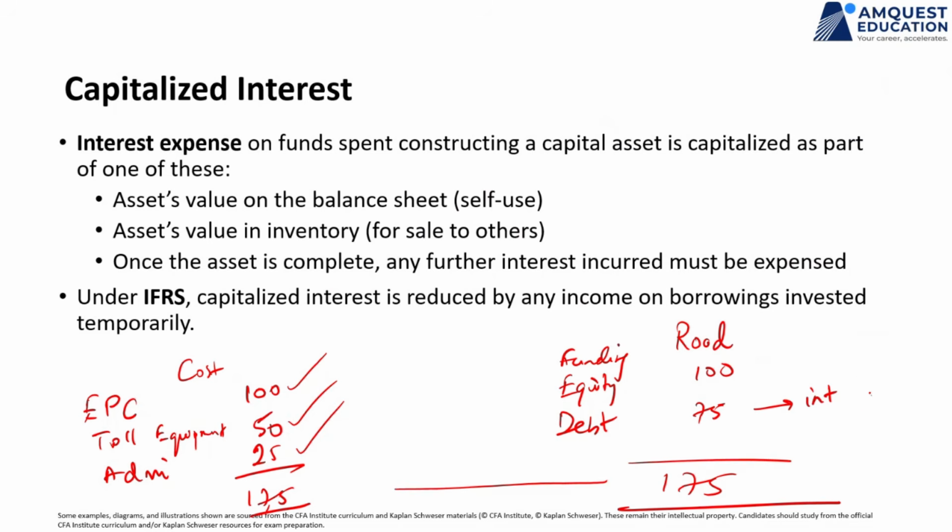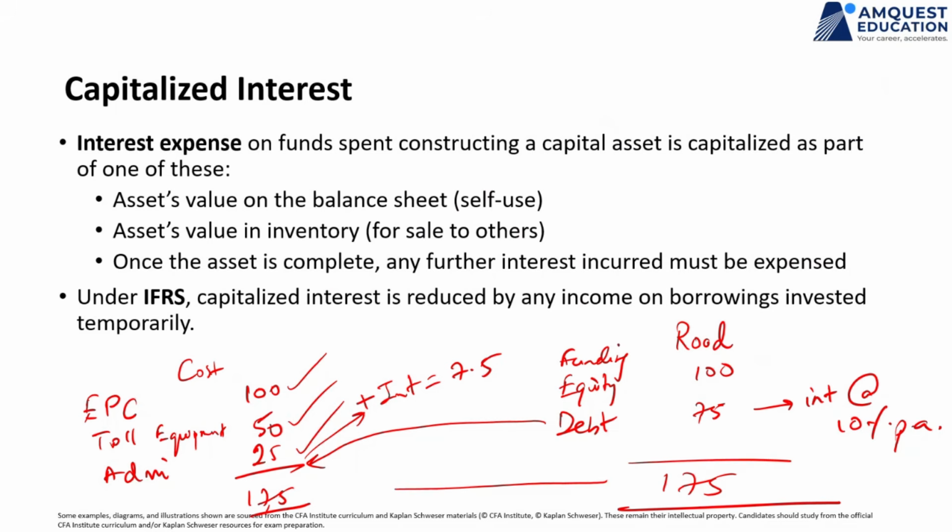If there is interest at 10% per annum, that interest gets added to the cost. You will create one more line here and you will say interest of 75 into 10%, 7.5. Interest is getting added to the cost because you're not able to pay it right now.